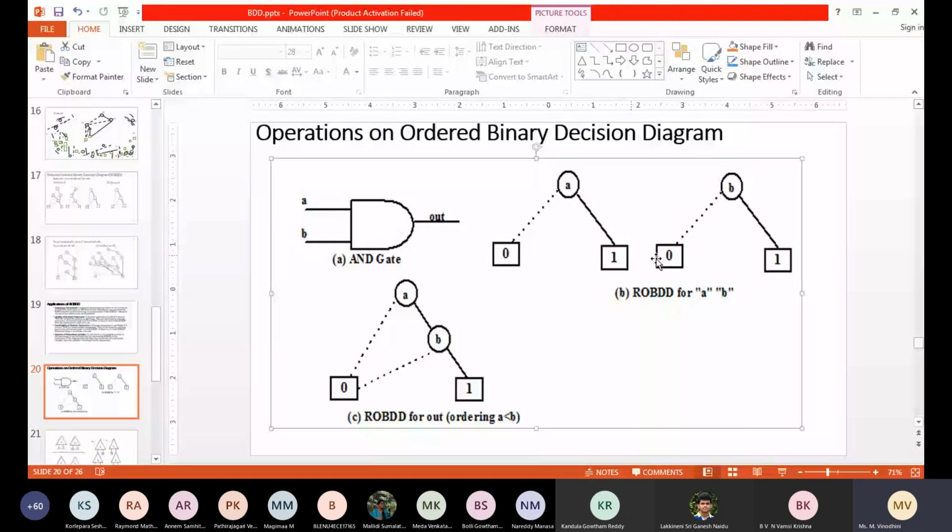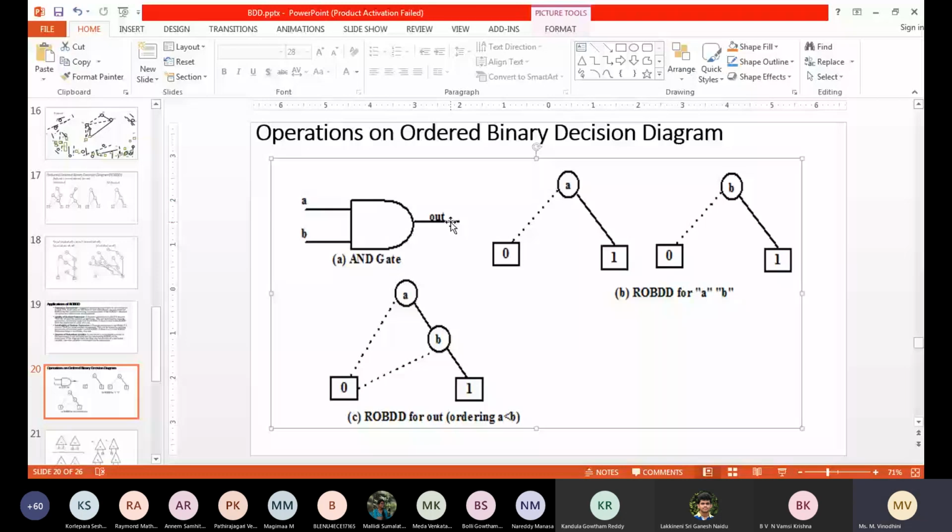If my input A is 0, what will be the output? In this AND gate, if A is 0, irrespective of the B value, will the output be 0? Yes, 0.